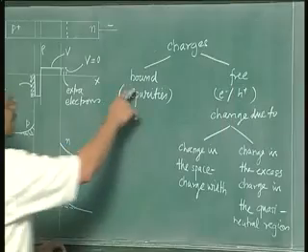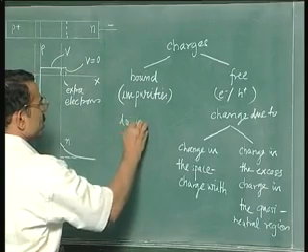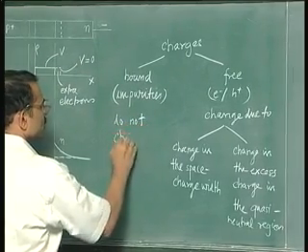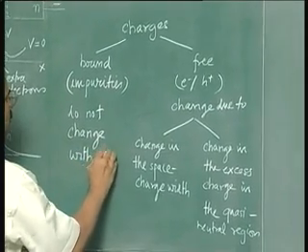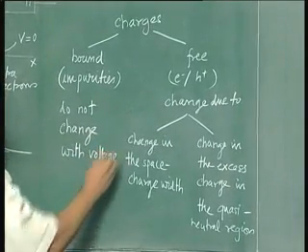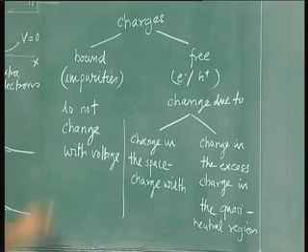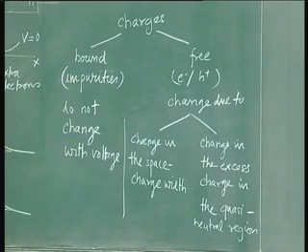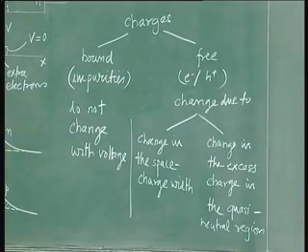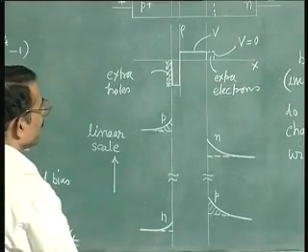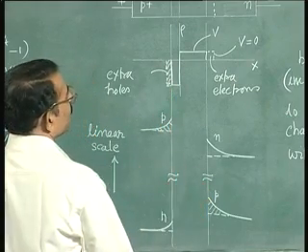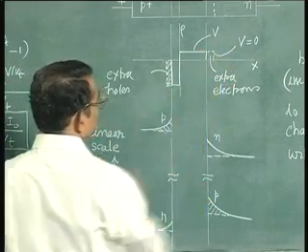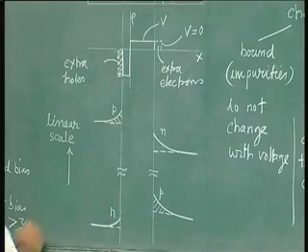So since the bound charge or impurities do not change with voltage, we do not consider the effect of the impurities in estimation of the capacitance. So the changes in the free carrier charge we have indicated here in the diagram. The shaded areas show the excess holes which have come in because of the applied voltage V as compared to the equilibrium conditions.